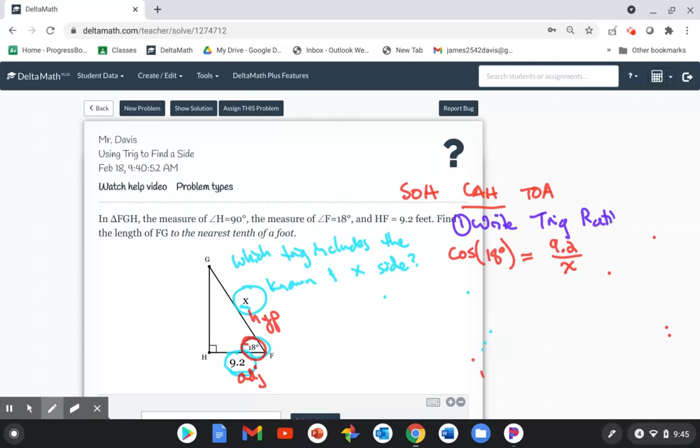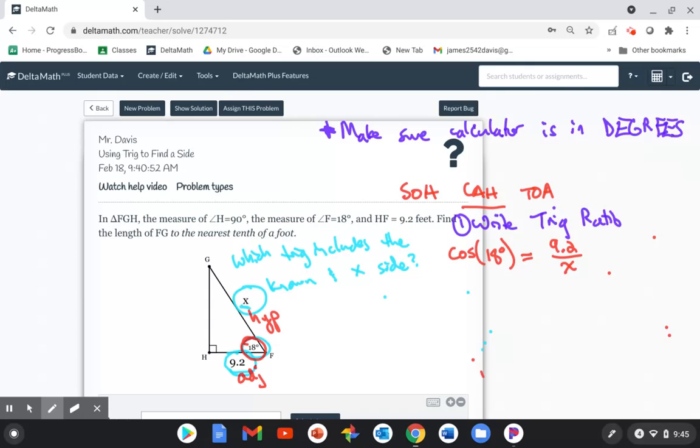From there, we're just going to solve for x. As a note, you will need a calculator. Since these are all in degrees, make sure your calculator is in degrees. There should be a mode button you can change.